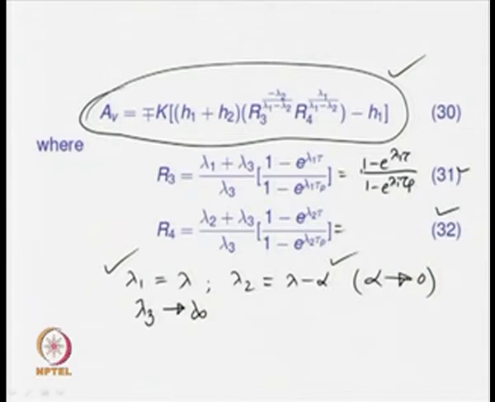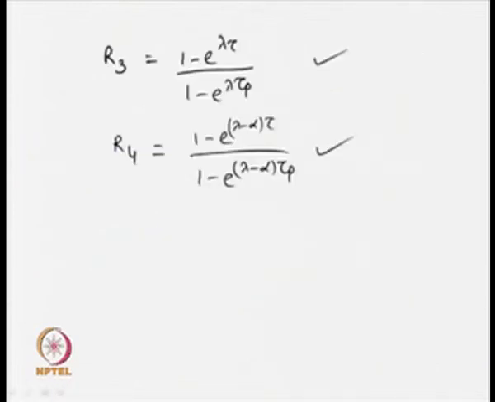Similarly, R4 becomes 1 minus e to the power lambda 2 tau upon 1 minus e to the power lambda 2 tau p. Now, when I substitute lambda 1 by lambda and lambda 2 by lambda minus alpha, I get R3 as 1 minus e to the power lambda tau upon 1 minus e to the power lambda tau p, and R4 as 1 minus e to the power (lambda minus alpha) tau upon 1 minus e to the power (lambda minus alpha) tau p.